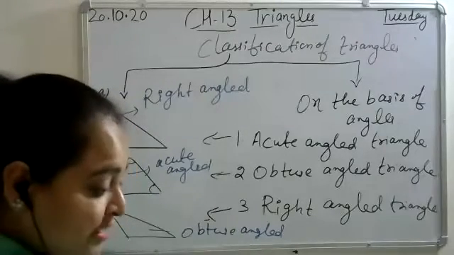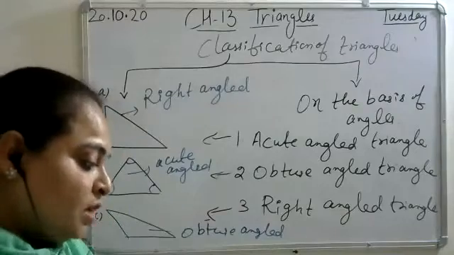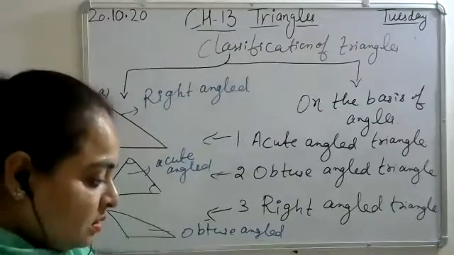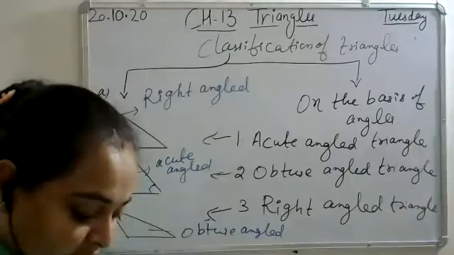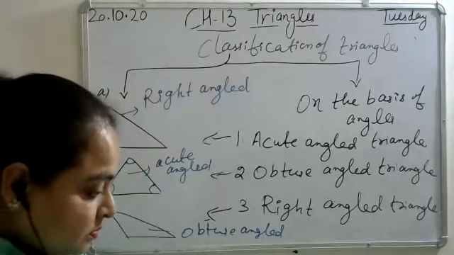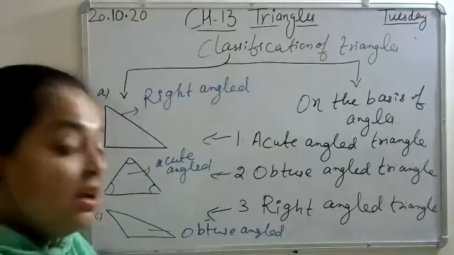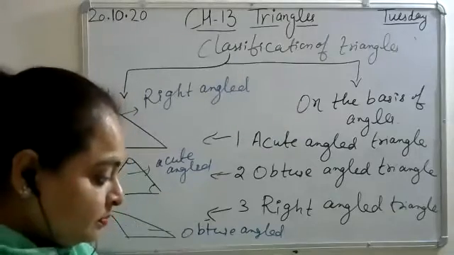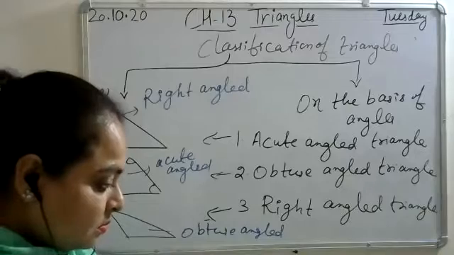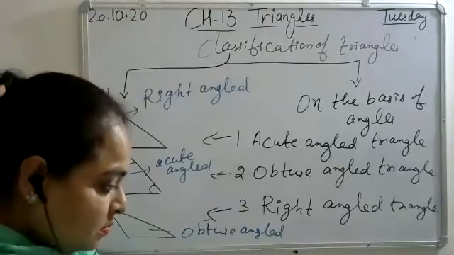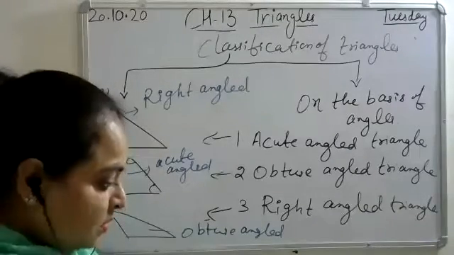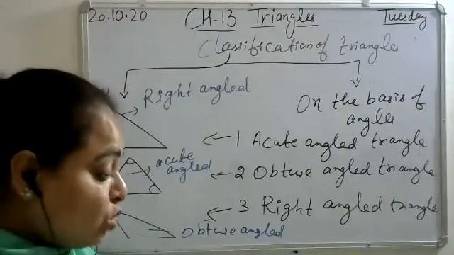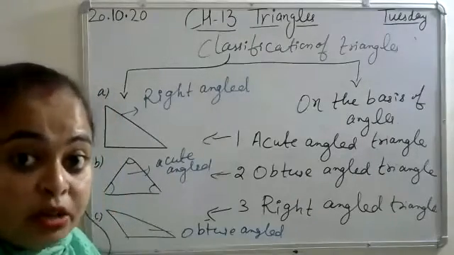Two sides same and one side different. Very good. What is the meaning of equilateral? Equi word is used for equal. Very good. All sides are equal. I hope that today's lecture is very much clear to you.